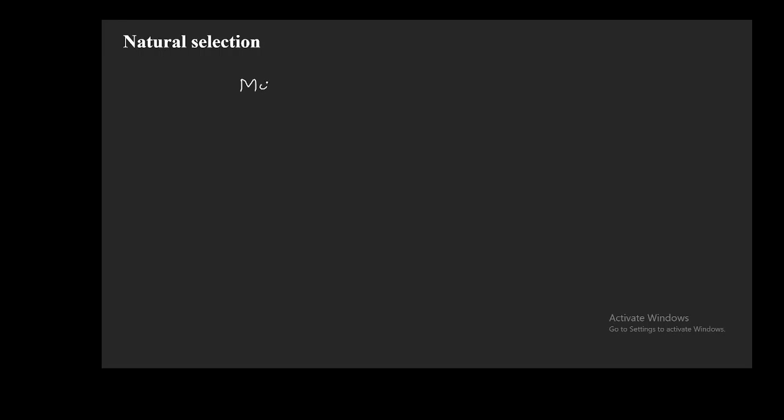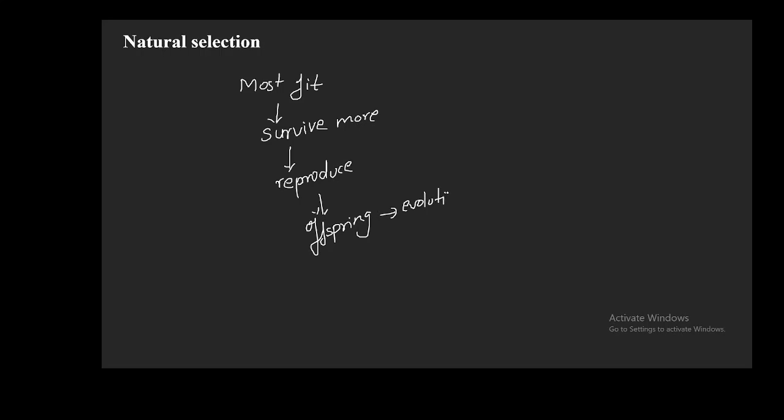If the individual is most fit, it will survive more, and if it survives more, then only it will reproduce, and if it reproduces, it will produce offspring that will take part in the evolution process. So natural selection also takes part in the evolution process.